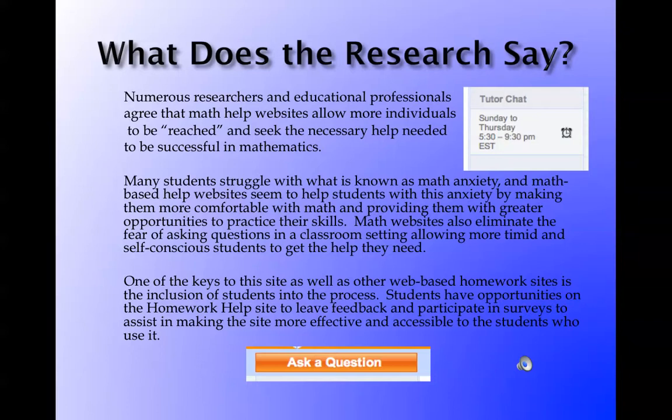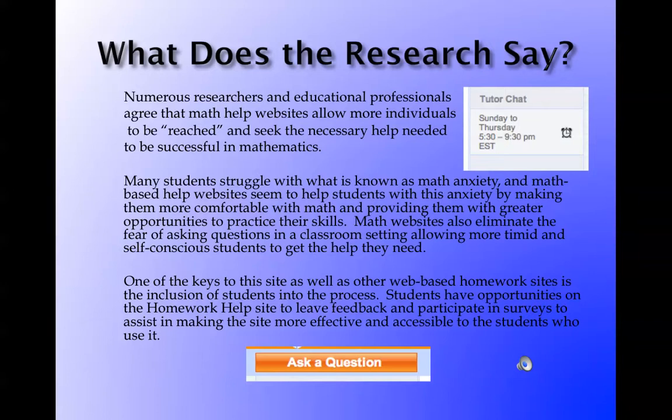Now, although there wasn't a lot of specific research about this website, there are websites out there that are offering tutoring assistance and mathematics help to students, mostly in the United States. Most researchers and educators agree that it's a new venue that's allowing us to reach more students in math and help them.